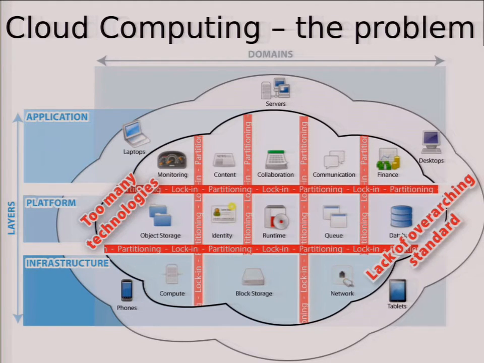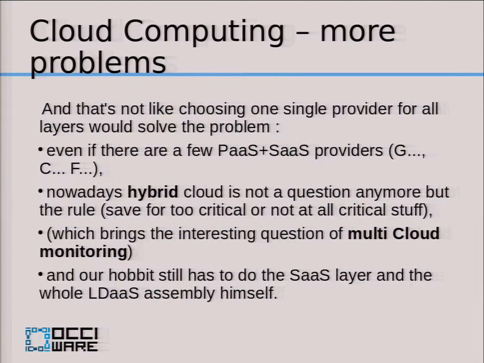You have Cloud Foundry, OpenShift, you have Google App Engine, you have a lot of others, and all obviously incompatible with each other. And finally, at application level, well, that's a free-for-all here. Everybody does it its own way. The glue required to bring it all together, and not even business-specific standards here.